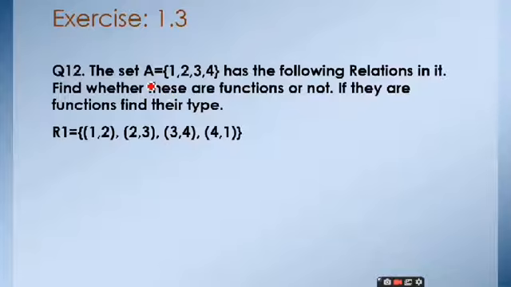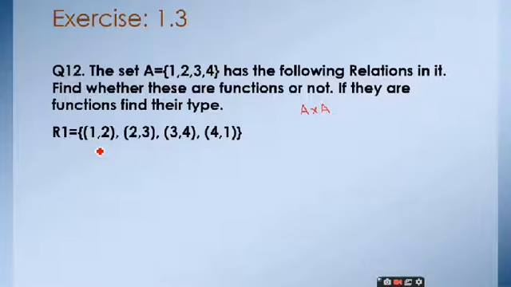As we have the set A given in the question, and these relations are related to set A, which means these are relations of A cross A, in which the set B is also set A. So let's see if it is a function or not.